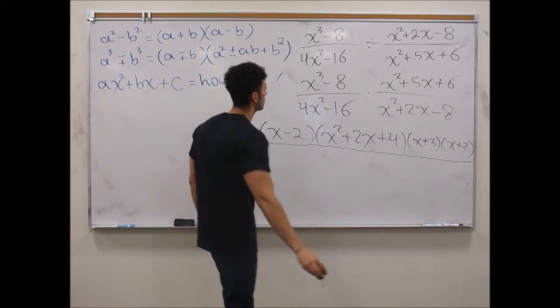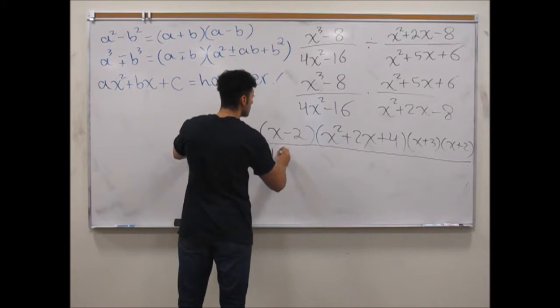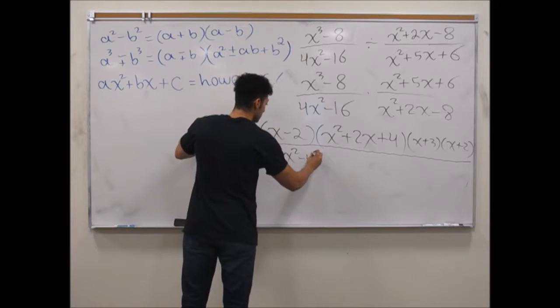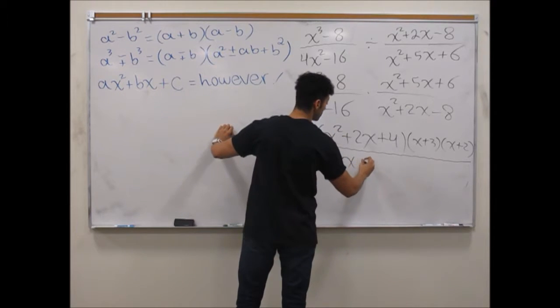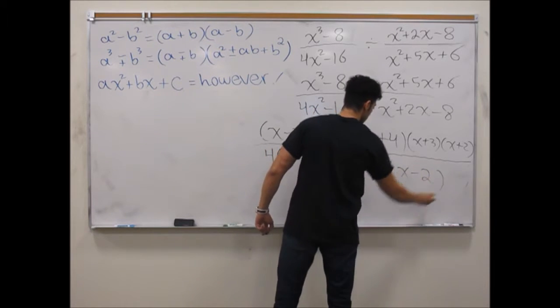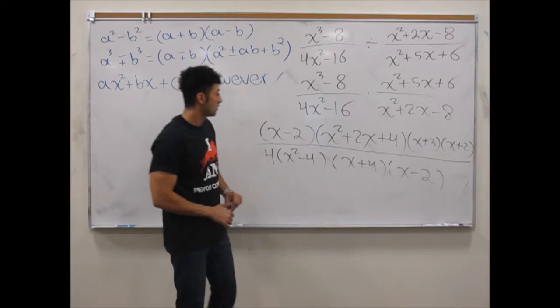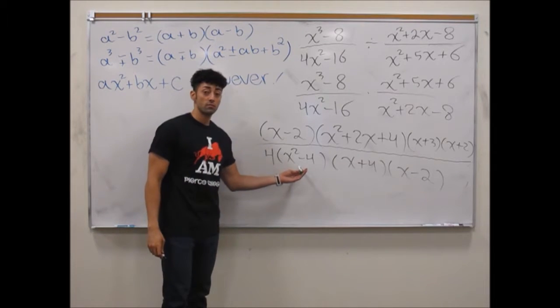So that's all for the numerator. On the bottom, factor out a 4 to get x squared minus 4. This guy looks like a 4 and a 2. Okay, now, so this is the difference of squares again.